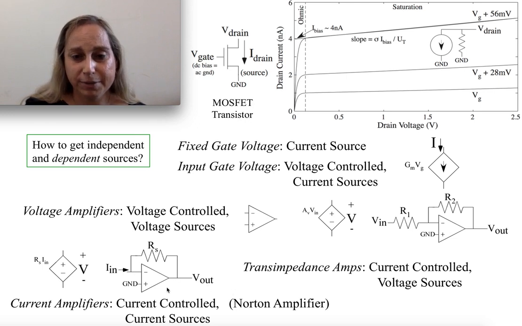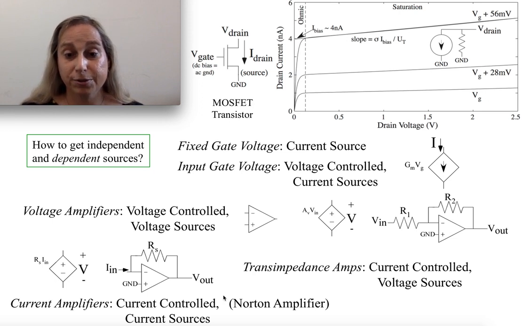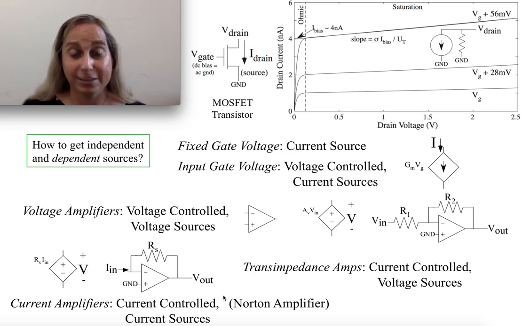And although I don't want to spend a lot of time on this, you can also talk about current amplifiers, where you go current-controlled current sources, which are typically like a Norton amplifier. There are things that are sort of base circuits that you get for winner-take-all circuits that tend to be current in and current out that give you the same idea. But what happens is that all these things are buildable, and all these things are very much physical circuits, and we start by teaching these abstractions in linear circuit classes because fundamentally you're going to need them elsewhere.